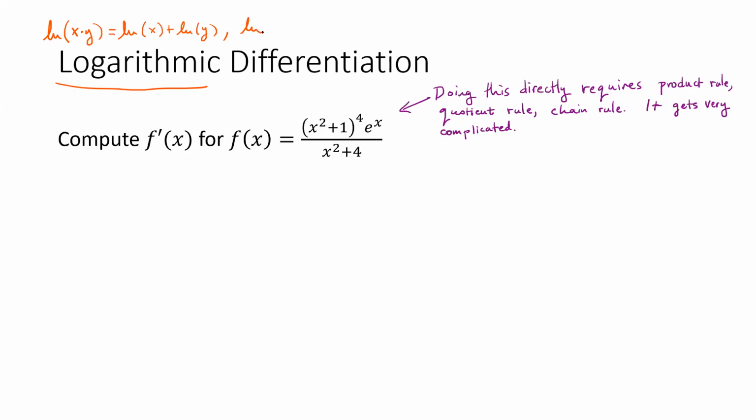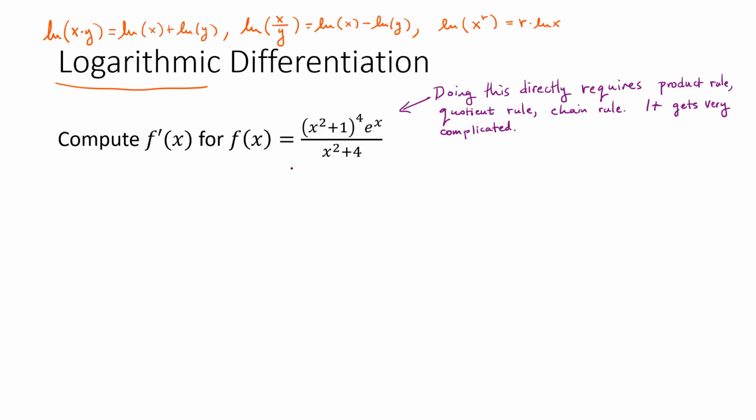Or if I've got a quotient, say ln of x over y, I don't have to use the quotient rule because I can write this as ln of x minus ln of y. Or if I've got a power, say ln of x to the power of r, I can bring the power out as r times ln of x.